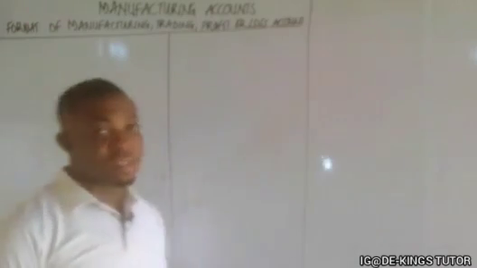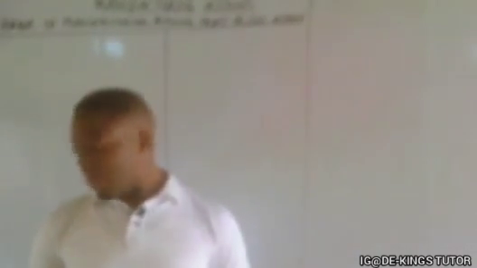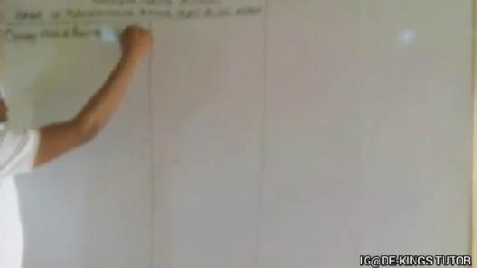So definitely the same way we'll prepare our trading profit or loss account, but in this one it involves the manufacturing section. Okay? So it always starts with opening stock. Opening stock of raw materials. That is what you start with.